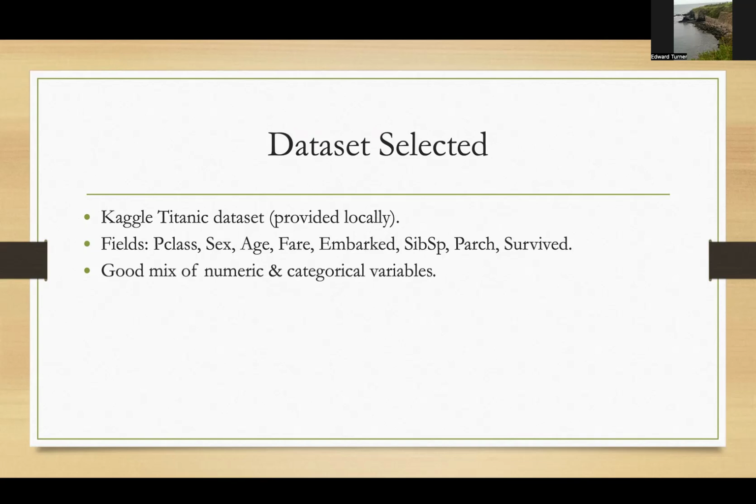We're going to look at whether they are a parent or a child of any of the passengers on board, and we'll look at the survived attribute, which is the one or zero, the yes or no. There's a decent mix of categorical and numerical variables. We're going to dive into those and understand each of the components thereafter.